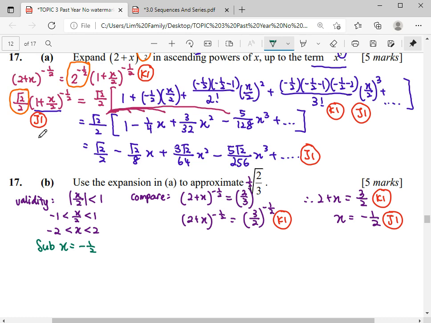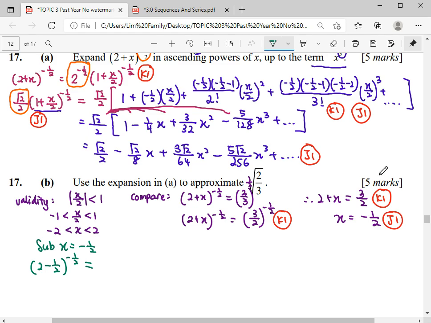Don't put them up and down, because when you do, maybe you will confuse what your left hand side is. Now it is clear: if I use this negative 1 over 2, my left hand side is this title. So I am going to substitute it in the left hand side and right hand side, which means this 2 substitutes x equals negative 1 over 2.